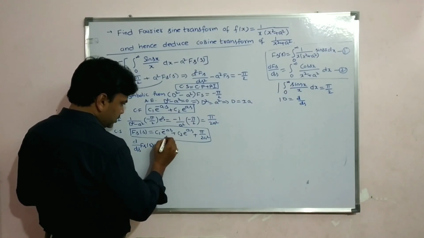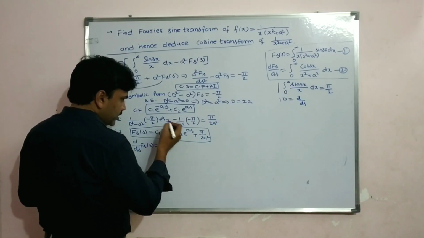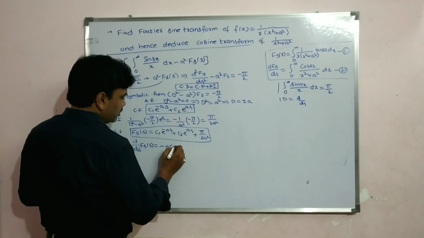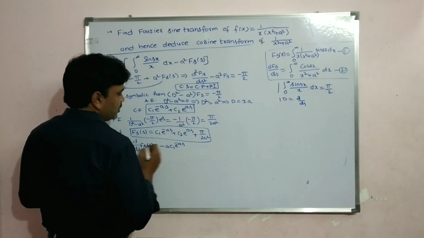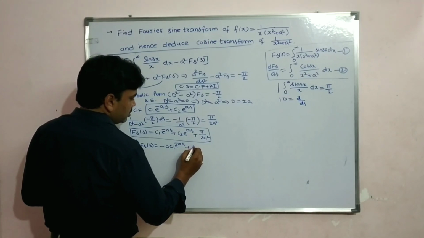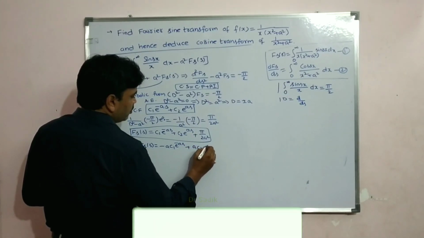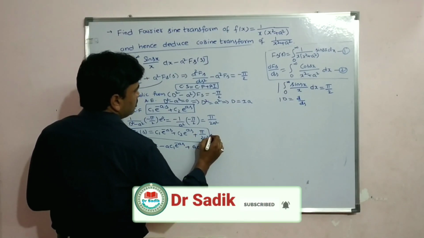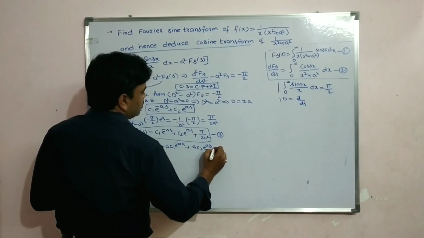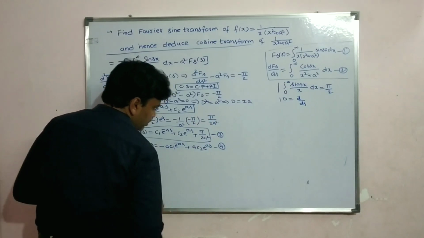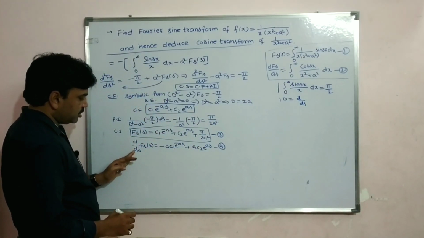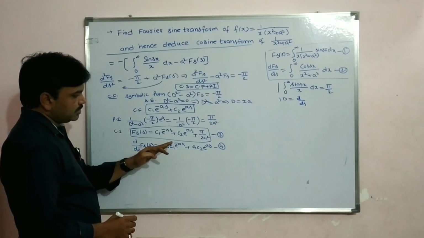We get here minus a c1 e^(-as), similarly here a c2 e^(as). The constant value is 0. So this is equation 3, and this is equation 4. F(s) is 3 and dF/ds is 4.